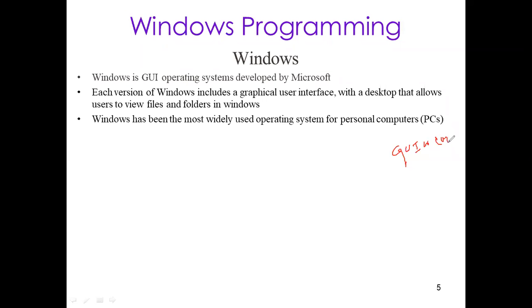With this interface, the user can use the desktop to view files and folders in a window. If we look at the desktop, there are many icons, and when we open any folder it opens like that. These windows allow the user to access different files and folders within the system.